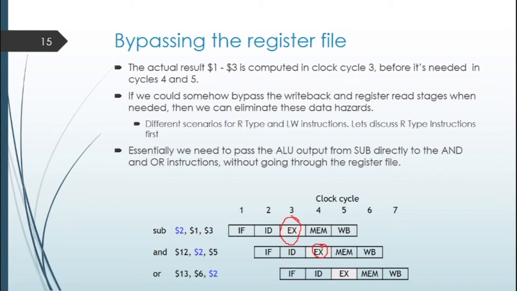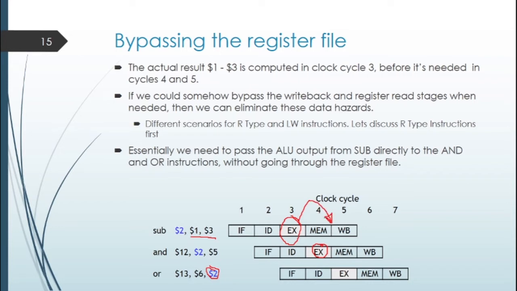If we just get the data output from the EX directly to the input of EX, we can use this data for the next instruction. Similarly, for the third instruction, this data, which is the result of the sub instruction, the result of 1 minus 3, will be passed to the next clock cycle.